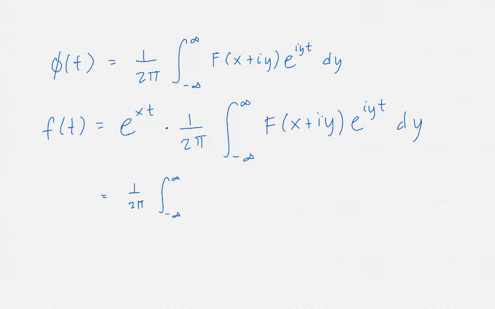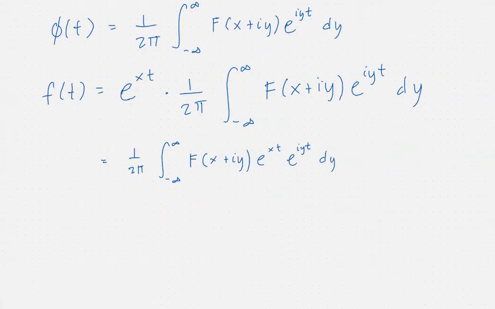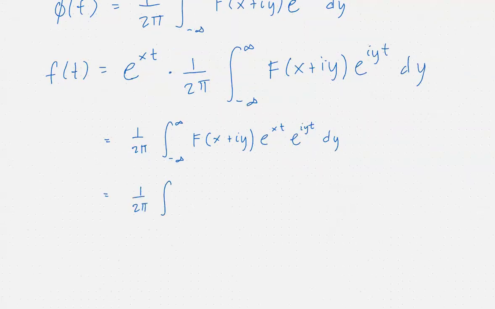Now we have e raised to xt times e raised to iyt dy. Now combining those two, we have basically the same thing here, but now we have e raised to x plus iy quantity times t dy.